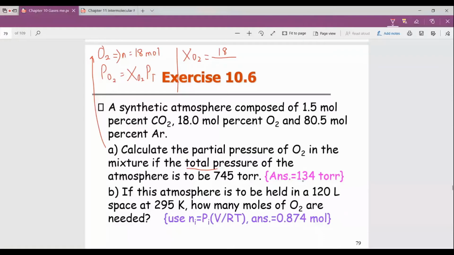The CO2 is 1.5, the O2 is 18, the number of mole of the Ar is 80.5, so you add all this: 1.5 plus 18 plus 80.5, then you get the answer.